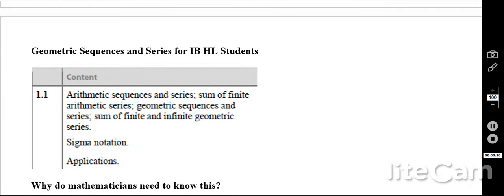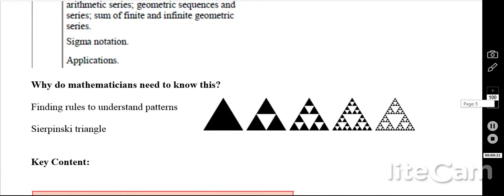So first thing, again, as before, why do we need to know this? In the same way as for arithmetic sequences, mathematics is all about finding patterns and explaining the rules behind patterns that we see. This is an example, the Sierpinski triangle, which is all to do with fractals, and the sizes of the triangles follow a geometric sequence.